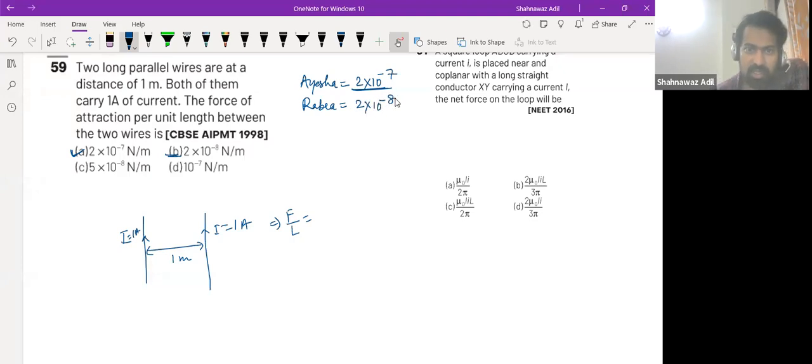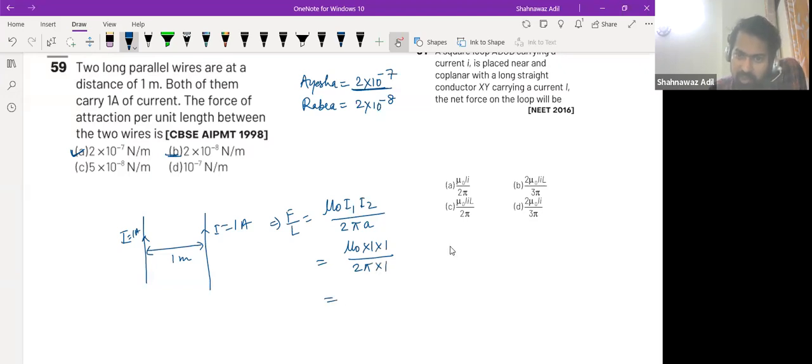Okay, so let us try to find out. We know that force per unit length is mu naught I1 I2 divided by 2 pi d, right? This is 1, this is 1, and this is 1.